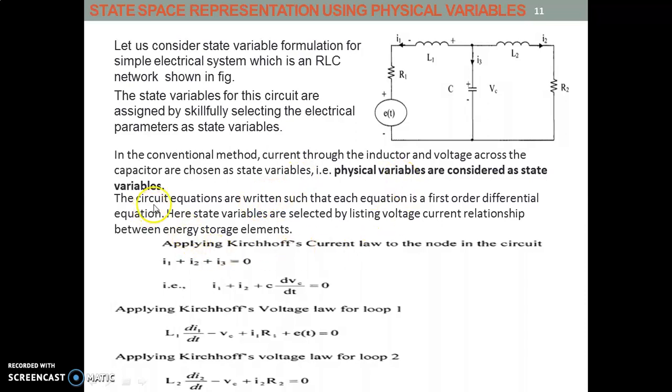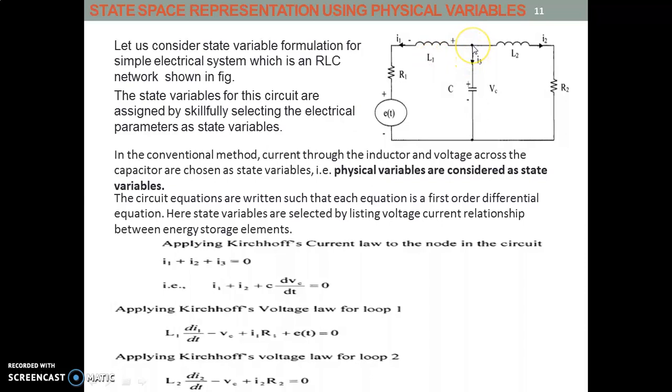So here you see the circuit equations are written such that you know how to write the expressions. Already you have basic formulas like KVL, KCL. Those simple expressions only we are using here. And another thing is, here we are taking all first order differential equations only. Right? So just apply here. You take this particular node.